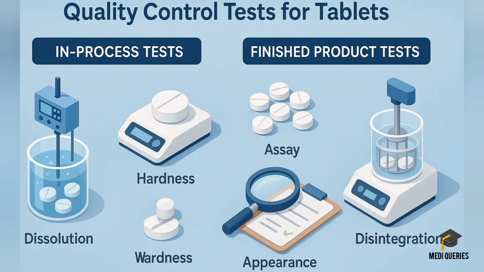Only tablets that pass all the tests are released for distribution and use. Skipping or ignoring these tests can lead to product recalls, adverse effects or treatment failures. Whether you are a student, a pharmacist, or a researcher, remember evaluation is the final quality checkpoint.